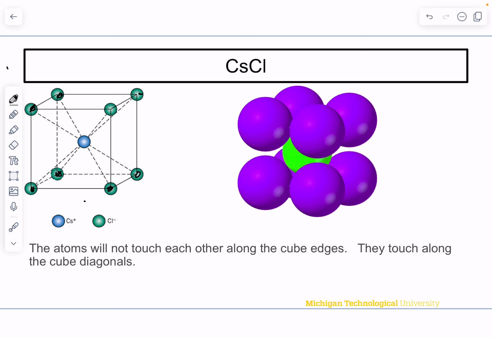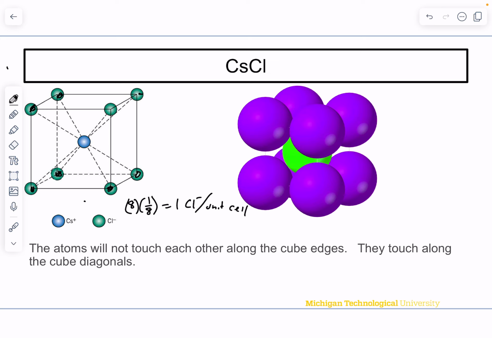In terms of numbers of chloride atoms per unit cell, we see that there would be 8 chloride atoms times 1/8 per corner site, which would equal 1 chloride ion per unit cell.